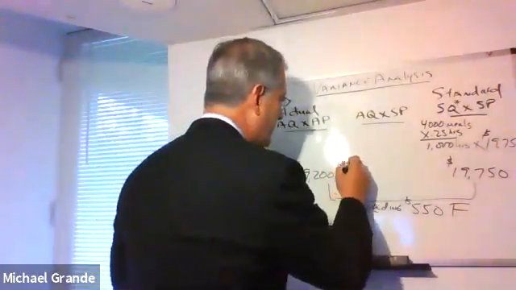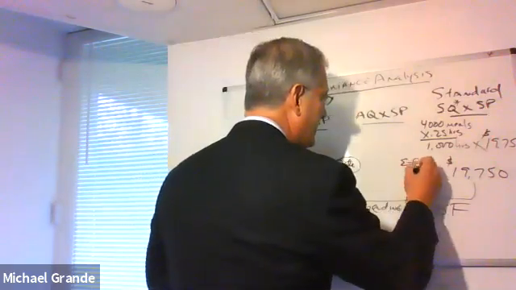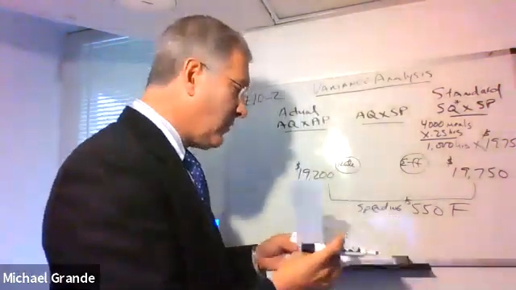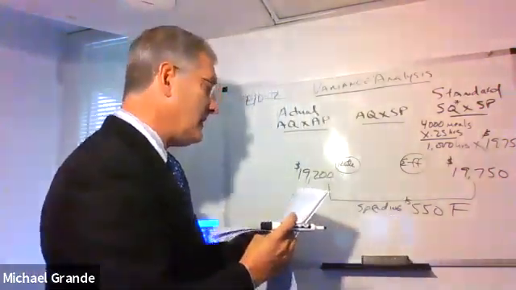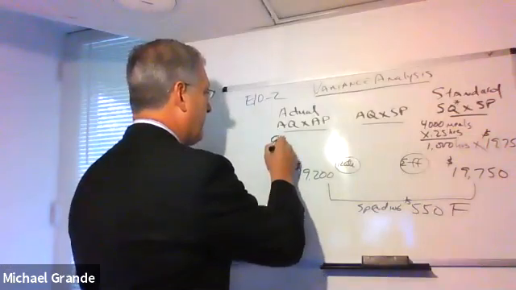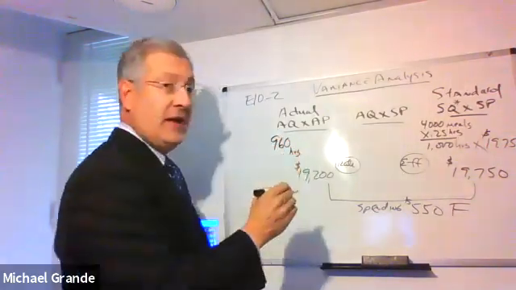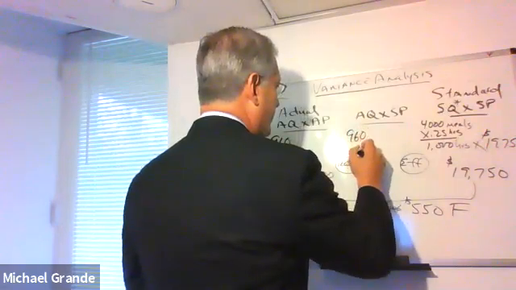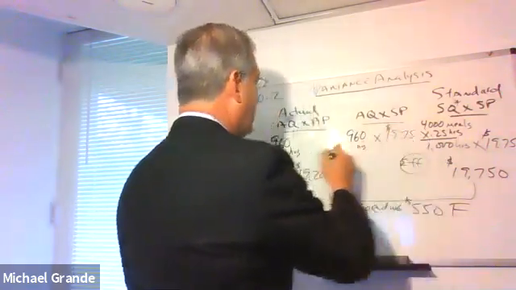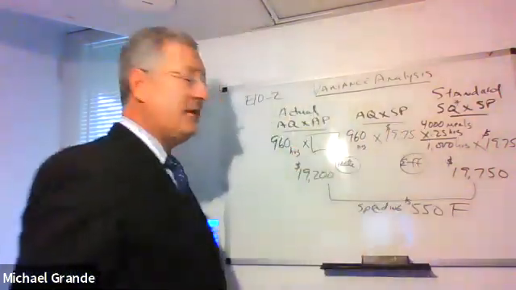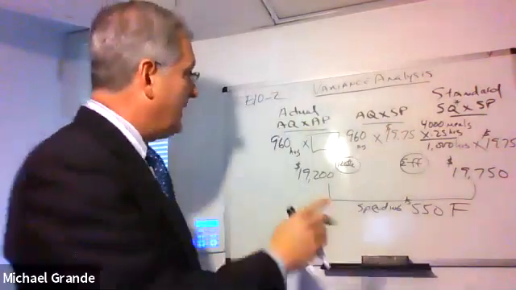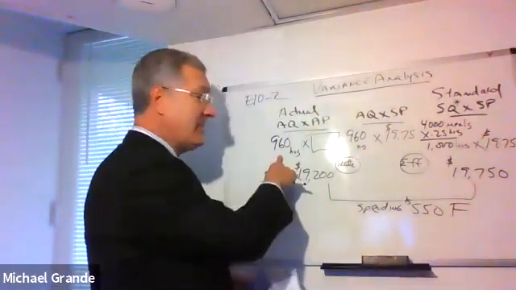The rate variance and the efficiency variance. Well, what was the actual quantity? The actual quantity, they said, they spent 960 hours. That's AQ. We know the standard price, $19.75, but what was the actual rate? Well, they don't tell you, but you can very easily get it, right? $19,200 divided by 960 hours.